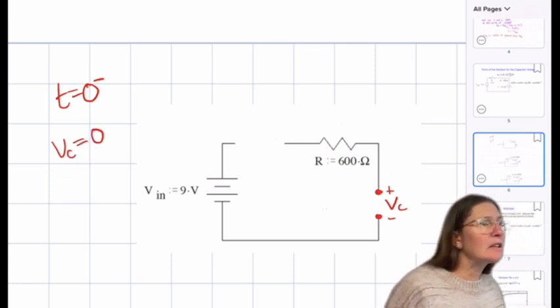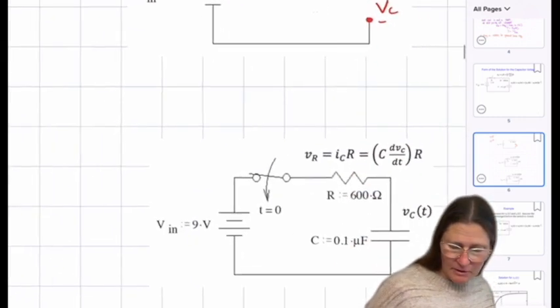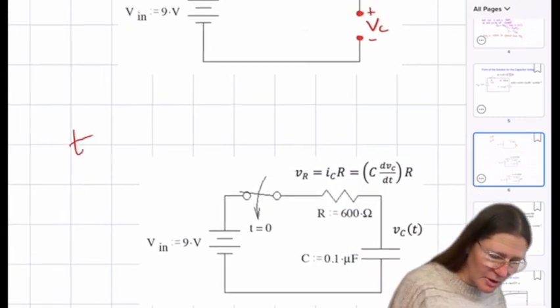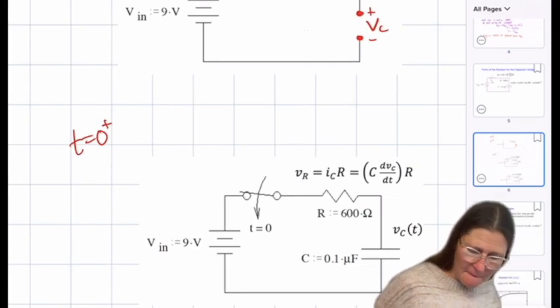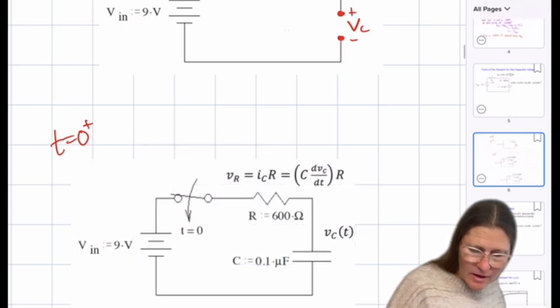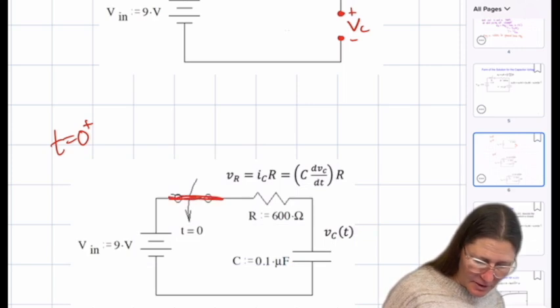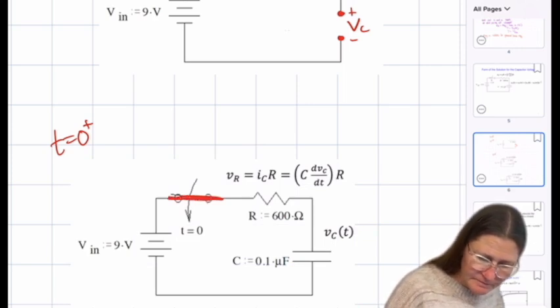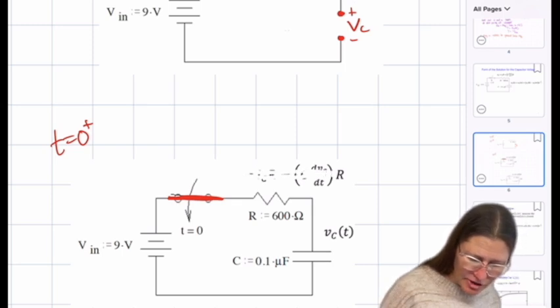0. So that makes it easy to go to t equals 0 plus. I now put this as closed. And the capacitor I change to a voltage source equal to 0.